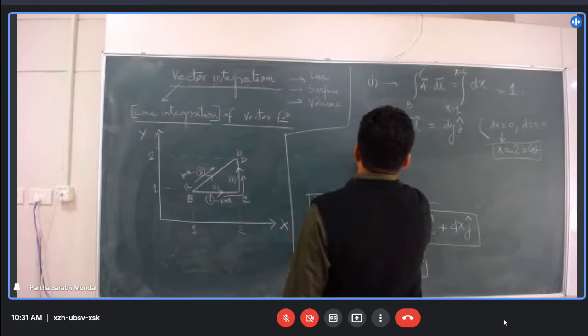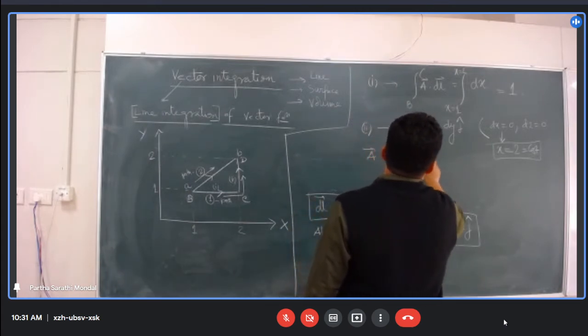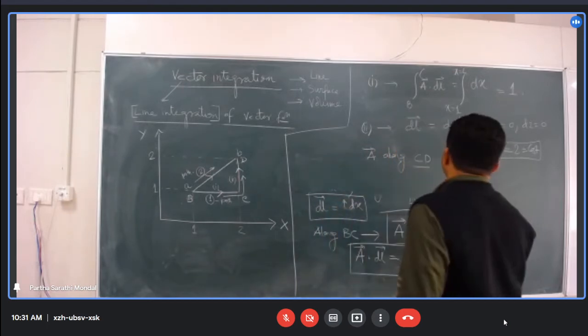And now we can also similar way calculate what is the value of a along CD. So value of a along CD कितना होगा बताइए, वो मैंने फिर से साफ कर दिया.